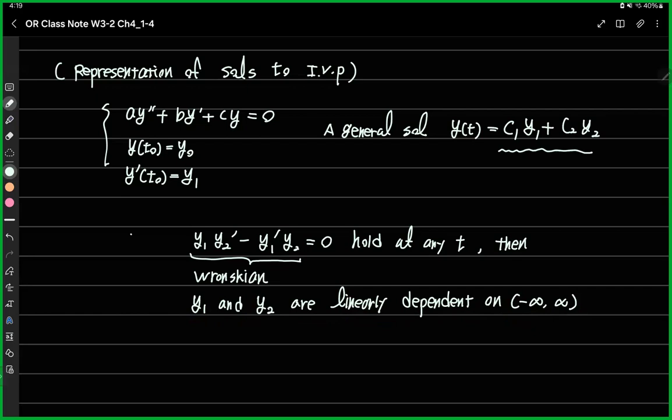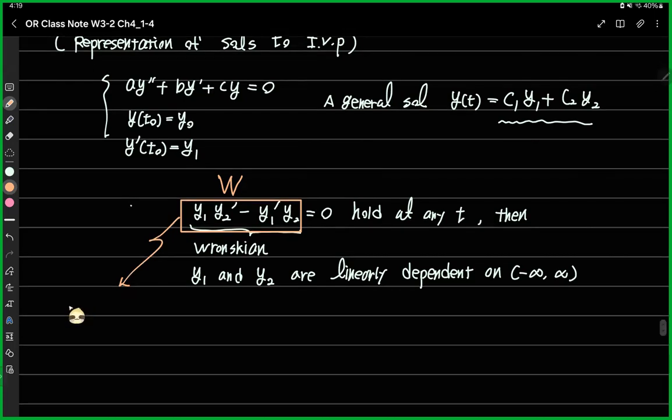Usually this one is denoted by W. If W equals 0, that means y1 and y2 are linearly dependent. Why? Because, if you know about linear algebra, this comes from the determinant of the 2 by 2 matrix with y1, y2 in the first row, and y1 prime, y2 prime in the second.